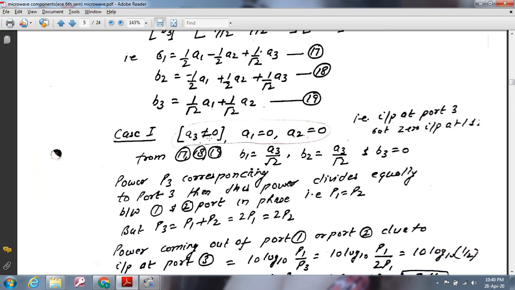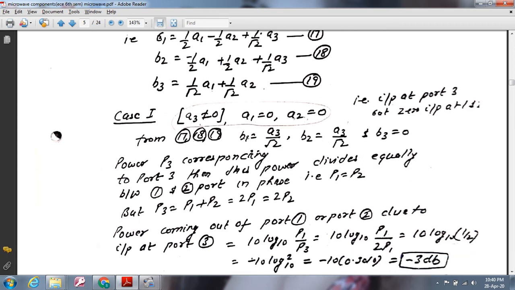By putting these values of A1, A2, A3, we get B1 equals A3 by root 2, B2 equals A3 by root 2, and B3 equals 0. We are only putting A1, A2 equal to 0 in these three equations, and A3 not equal to 0.